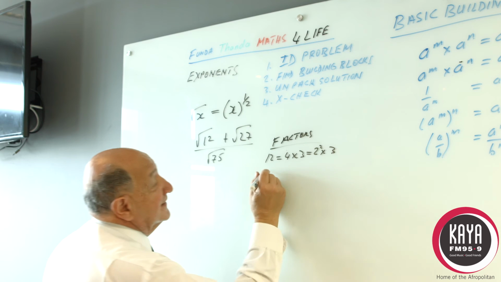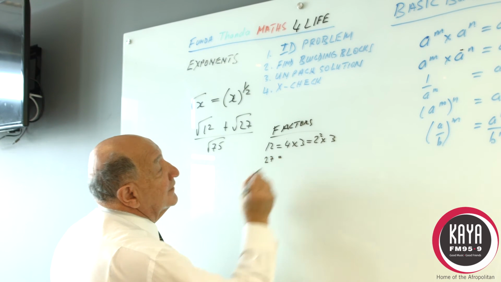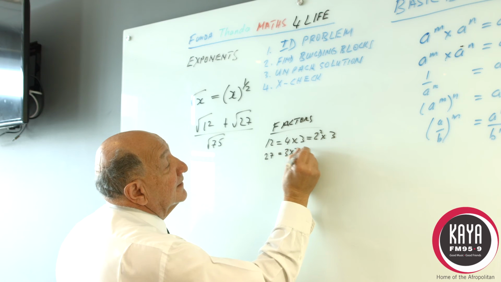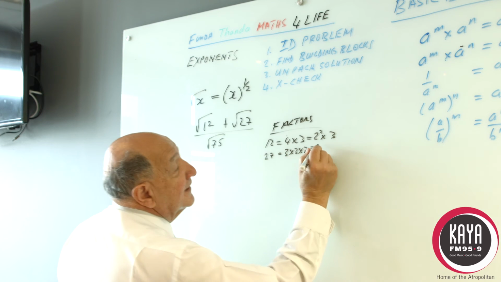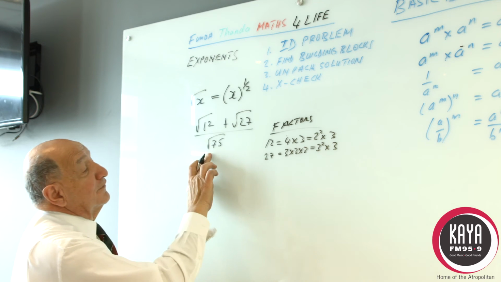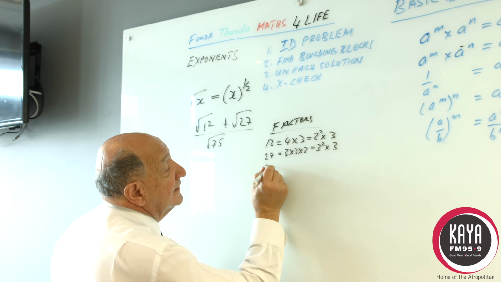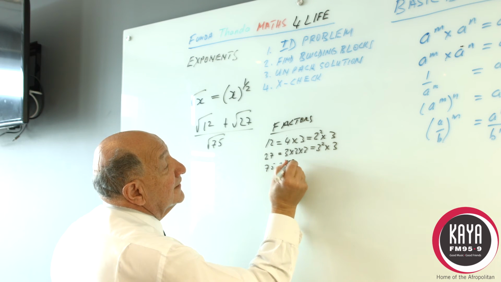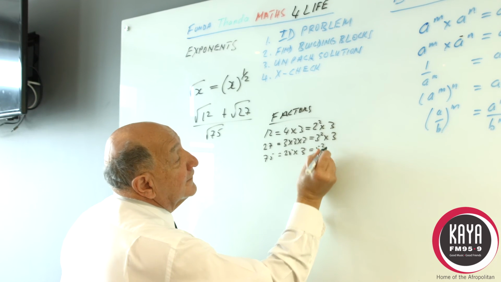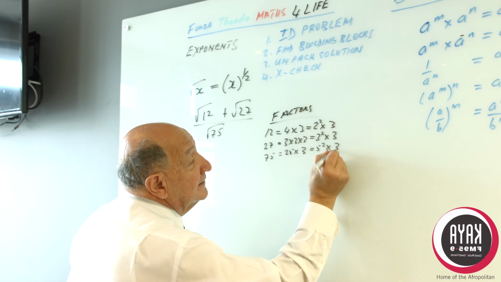If we look at 27, 27 is 3 times 3 times 3, which is 3 squared times 3. And if we look at 75, 75 is 25 times 3, which is 5 squared times 3.